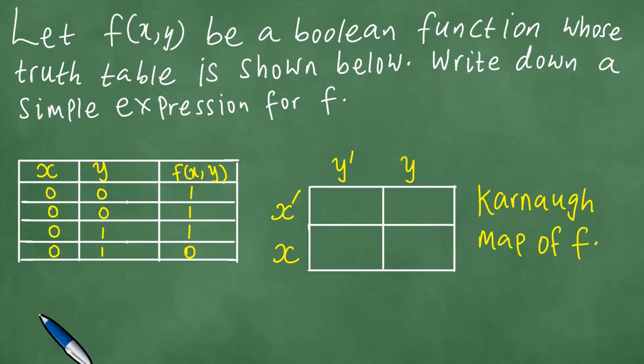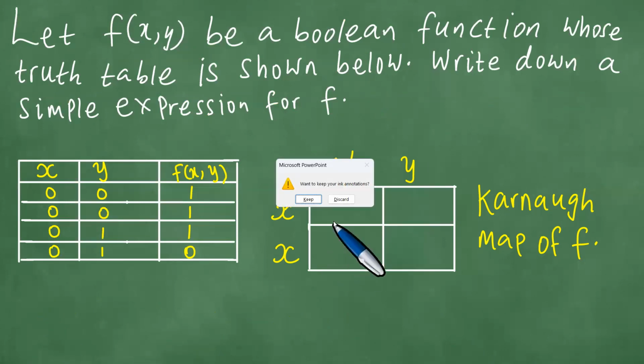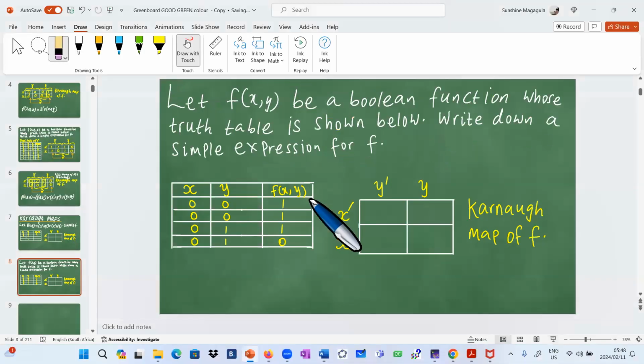Let's just edit this here a little bit and look at a simplification of this, but I need to edit these particular entries in the truth table of f, so that we can continue.